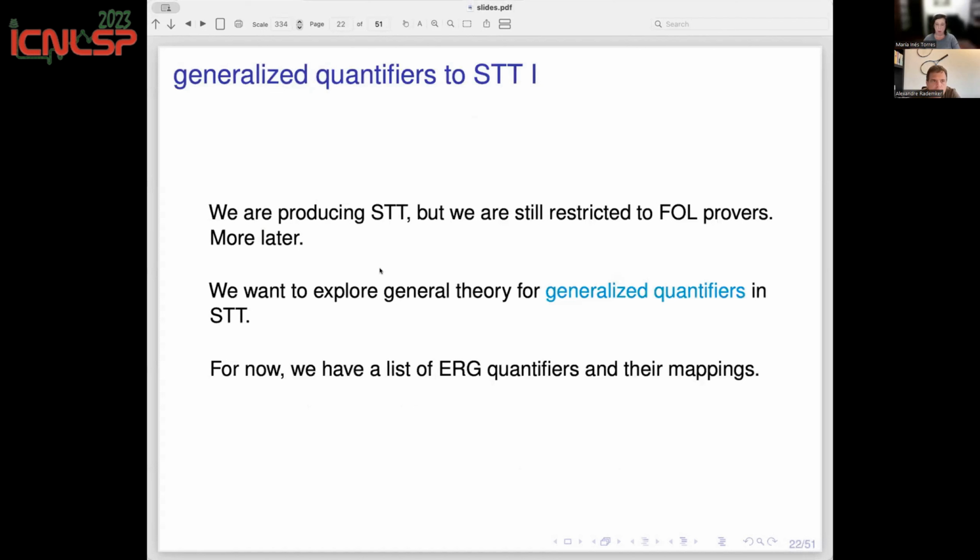Going quickly over the steps of this transformation, the main point, of course, is to deal with the generalized quantifiers. We are now dealing with some of them. The English Resource Grammar provides a very large spectrum of different quantifiers, and for now we cluster them into two simple quantifiers in first order logic, but we want to properly model that in dependent type theory in the future.